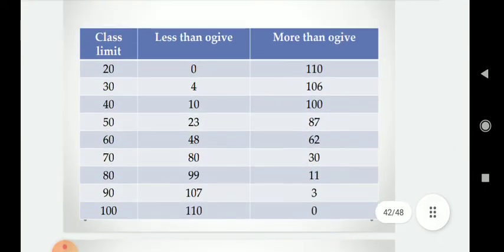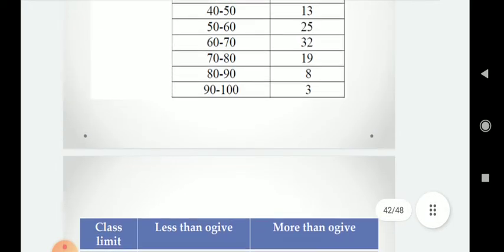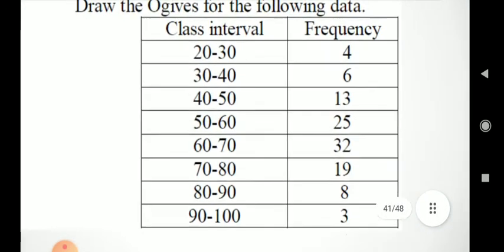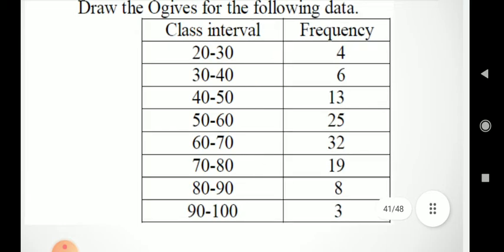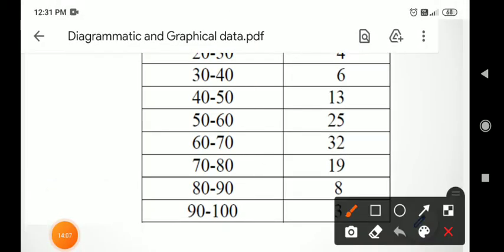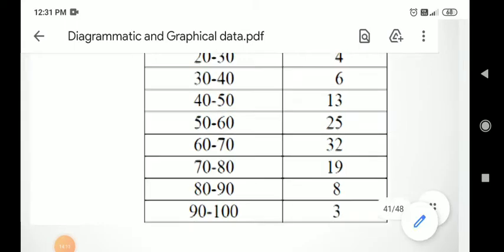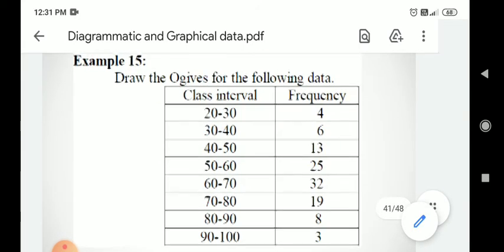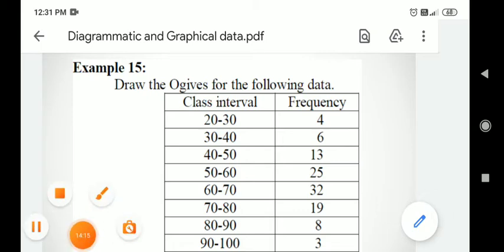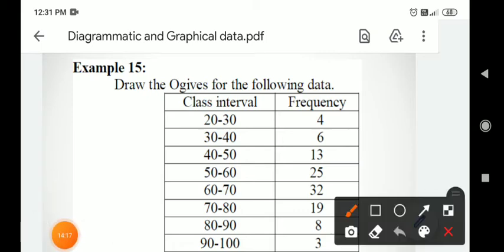Now less than ogive. Concentrate here on this table. Less than 20: how many frequencies are there which are less than 20? This is 20 to 30 are 4.